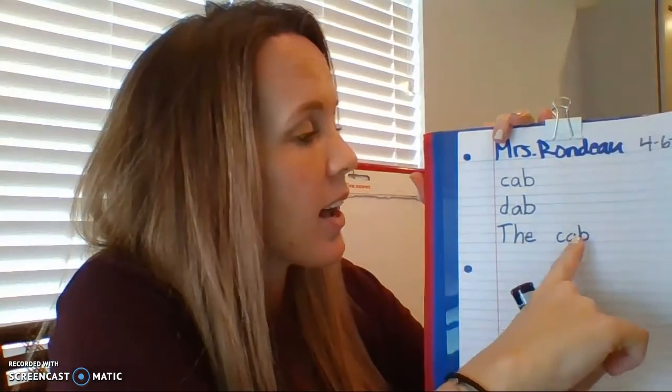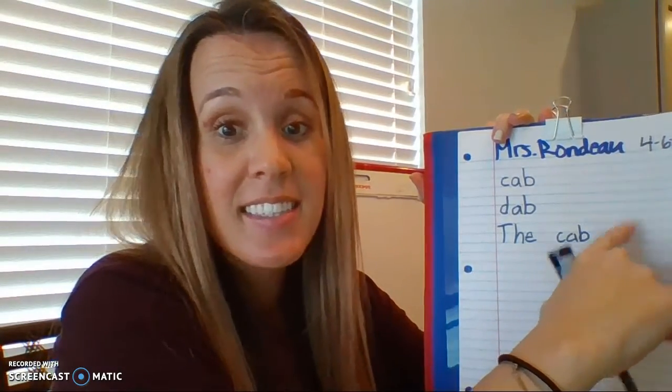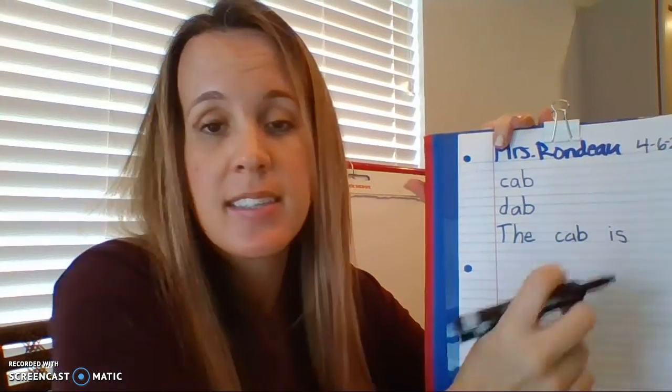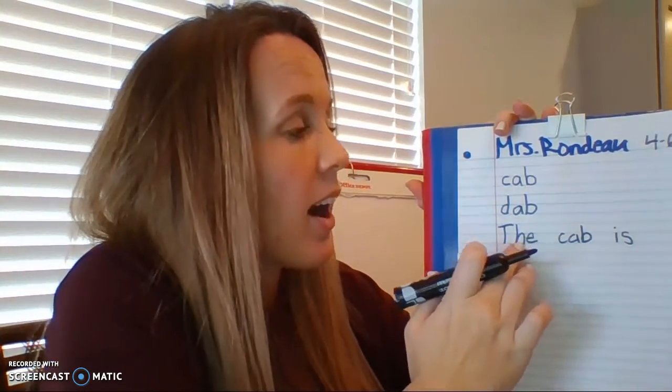Okay, pointer power. Let's read it. The cab is. Is is a sight word. Show me how we write it. I-S. Let's read it. The cab is black.